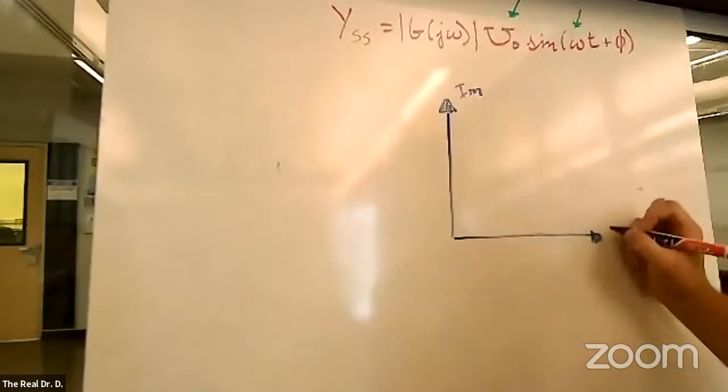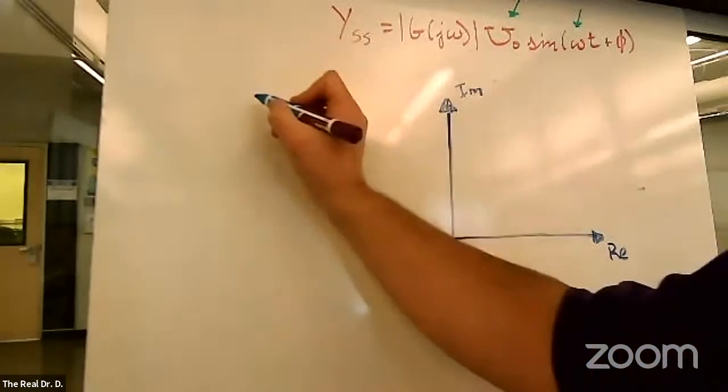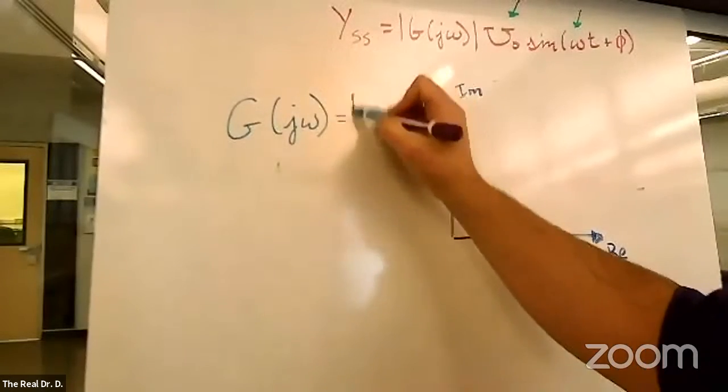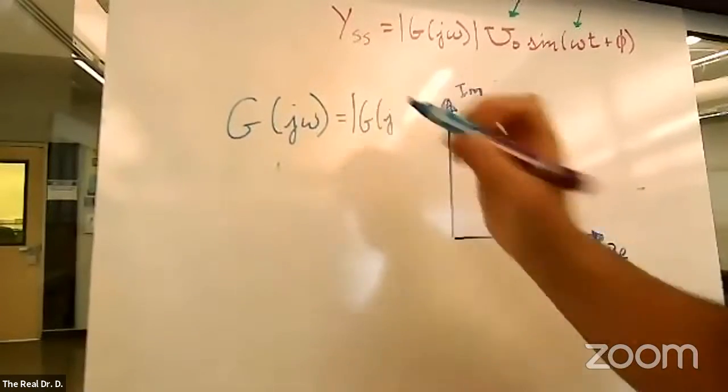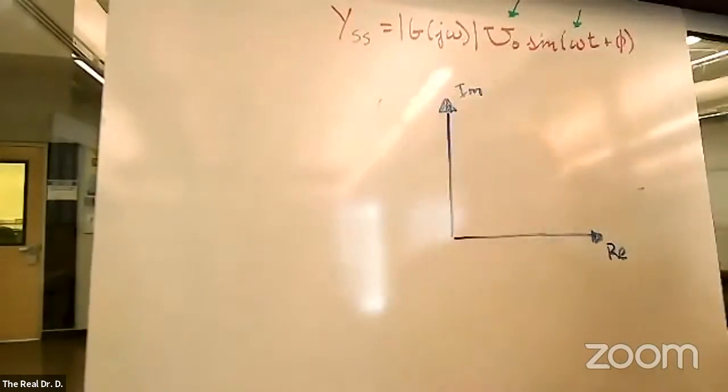Here's my imaginary axis. Here's my real axis. So we're in the S plane. And really, what we're looking for, well, before we get to polar, we'll talk about that too, right?